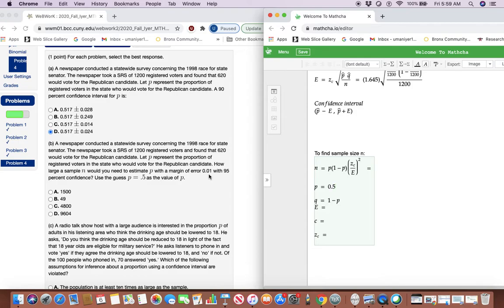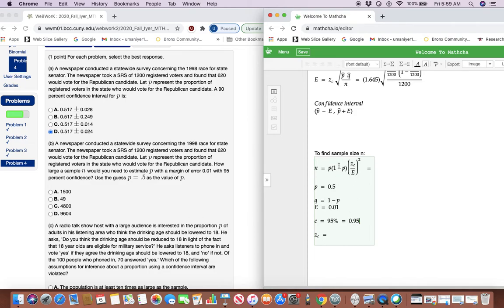So E is 0.01, with 95% confidence. The confidence level is 95%, which is 0.95.